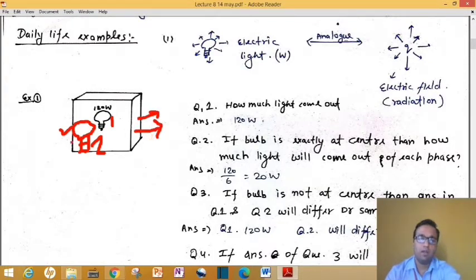Okay, I agree with that. The bulb is closer to a particular face, so from that face more light will come out. That may be your answer, but I am asking you, how will you calculate that light?